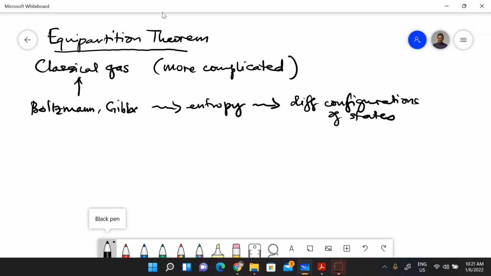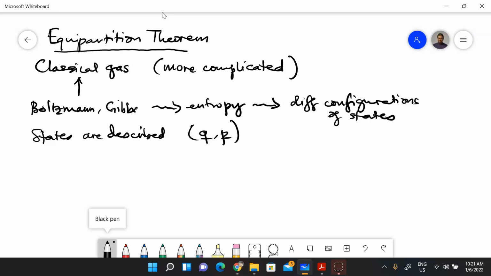Okay. The problem with the classical gas is the fact that the states are described by the variables of what we call the phase space, Q and P.